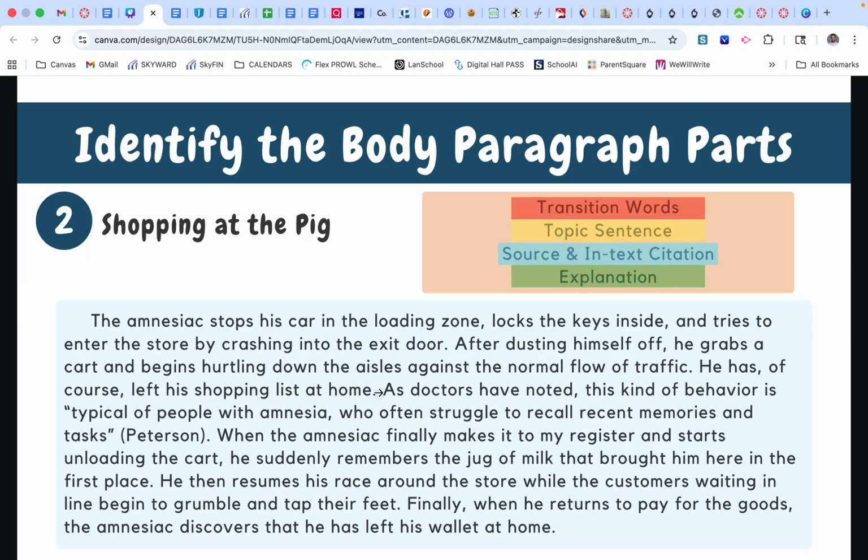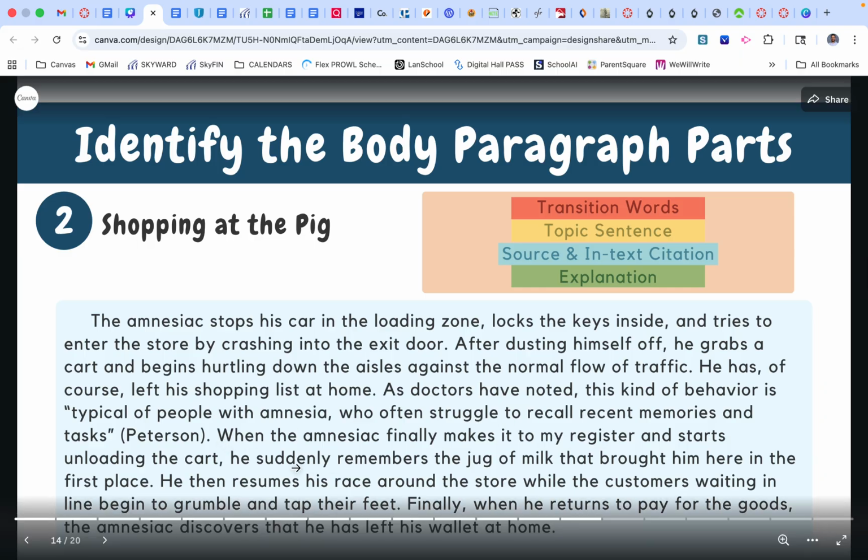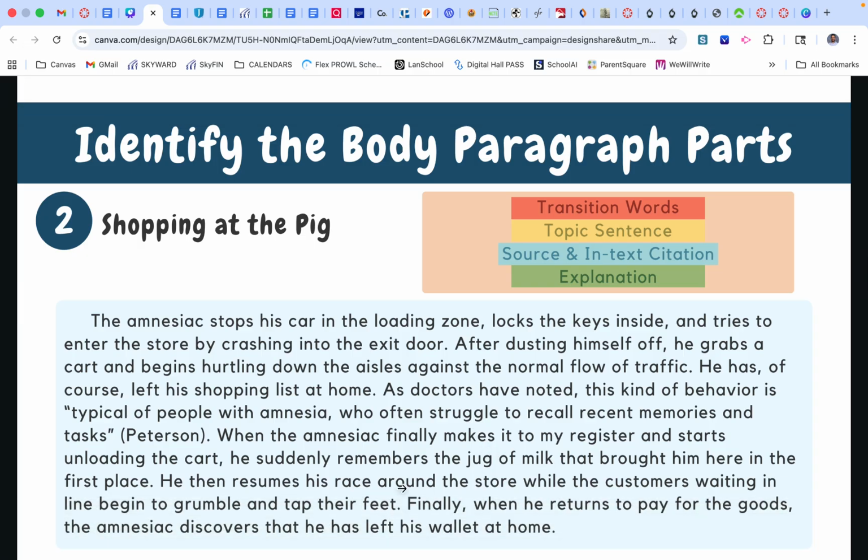As doctors have noted, this kind of behavior is typical of people with amnesia, who often struggle to recall recent memories and tasks. Peterson says, when the amnesiac finally makes it to my register and starts unloading the cart, he suddenly remembers the jug of milk that brought him here in the first place.